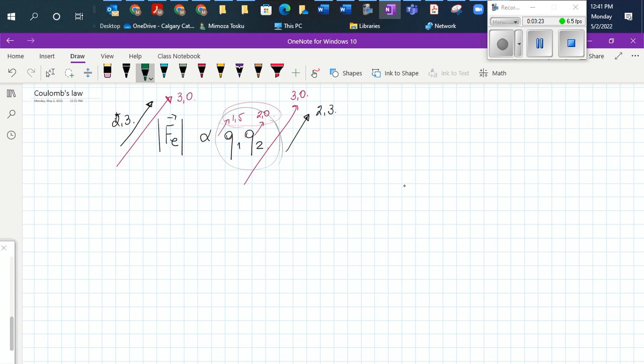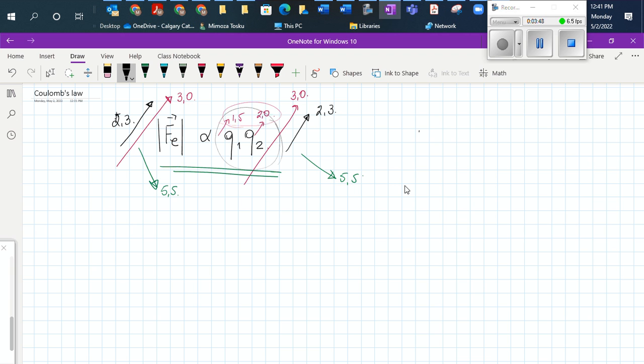So if we have a decrease by a certain factor, let's say 5.5, then the magnitude of the electrostatic force will be decreased by a factor of 5.5 as well. So this is the first finding that Coulomb had in his experiment.